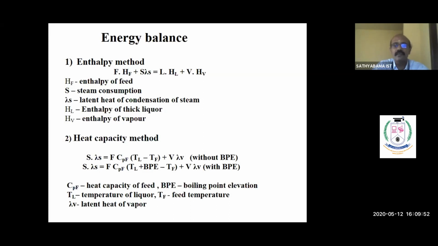So it is in between 2200 to 2300 kilojoule by kg. So there is only one difference between lambda V and lambda S. Lambda V value will lie between 2200 to 2300 kilojoule by kg, whereas lambda S value will lie between 2300 to 2400 kilojoule by kg.